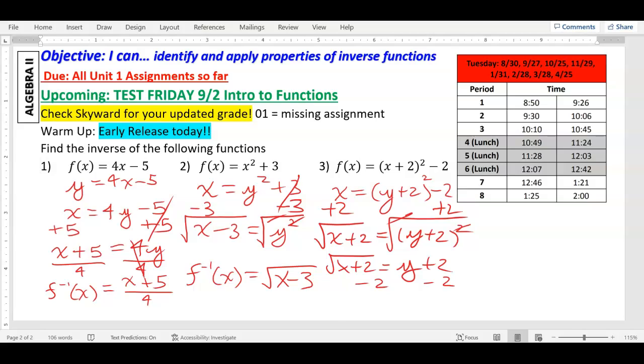Ready? Final form. F inverse x equals square root of x plus 2. That stays the same. And you put that minus 2 after it, okay? Just like this. So the x plus 2 is under the square root. The minus 2 is after the square root.